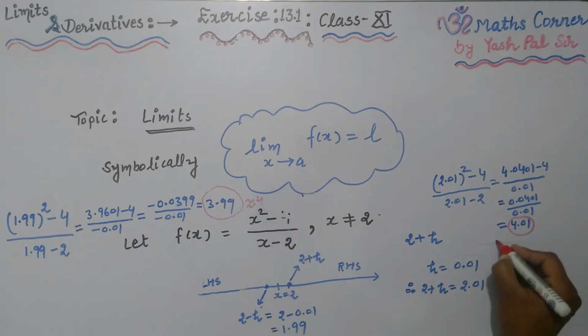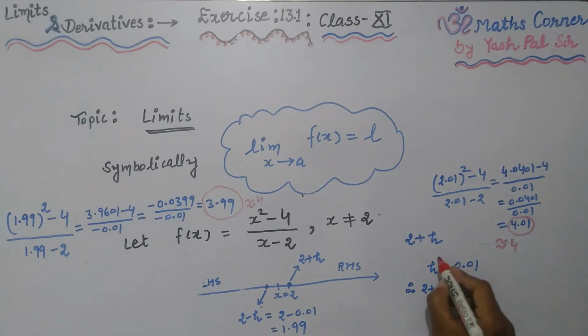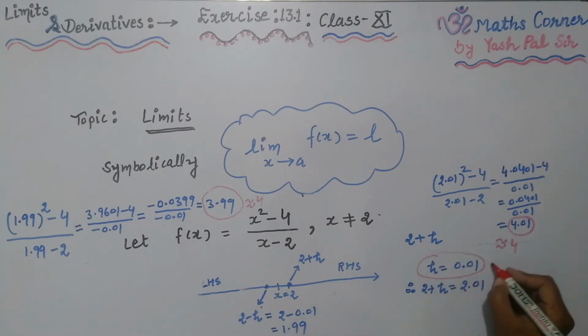Similarly here, 4.01 is also approximately 4. Moreover, this h is also a very small quantity, approximately equal to 0. So this is the definition of the limit.